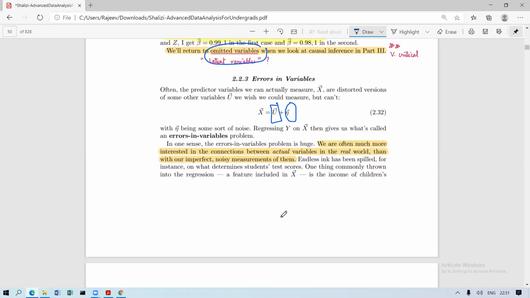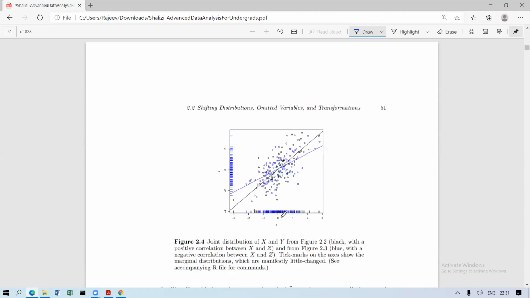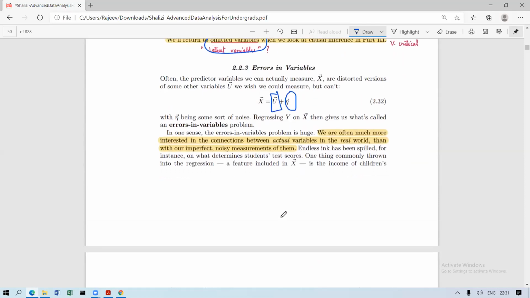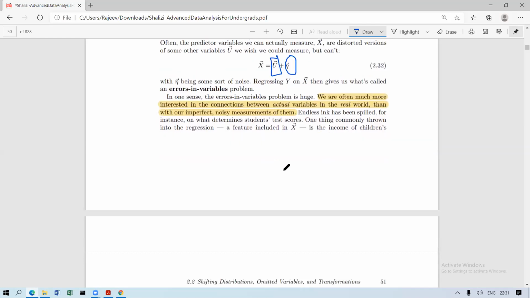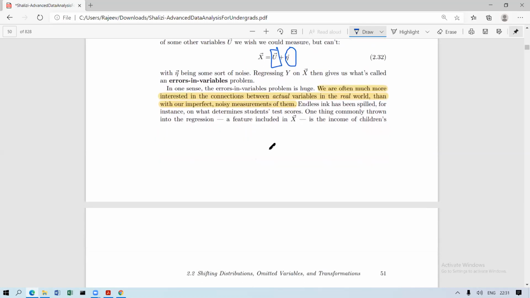The example that he gives is when you are asking for the salary of a person in a form. Now the person is not always going to give you the exact salary that he earns. He's not going to look it up, he's just going to estimate it. And in that estimate also there is some noise. So you might be interested in this exact salary, but that will never be available to you.